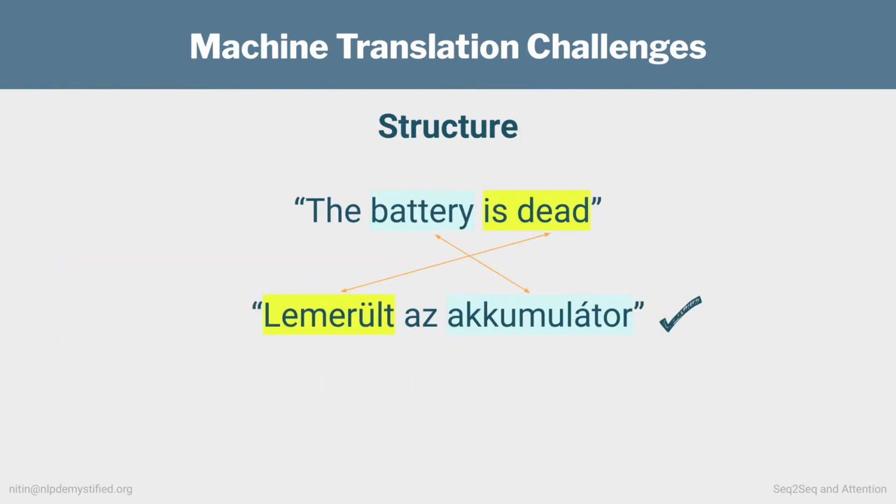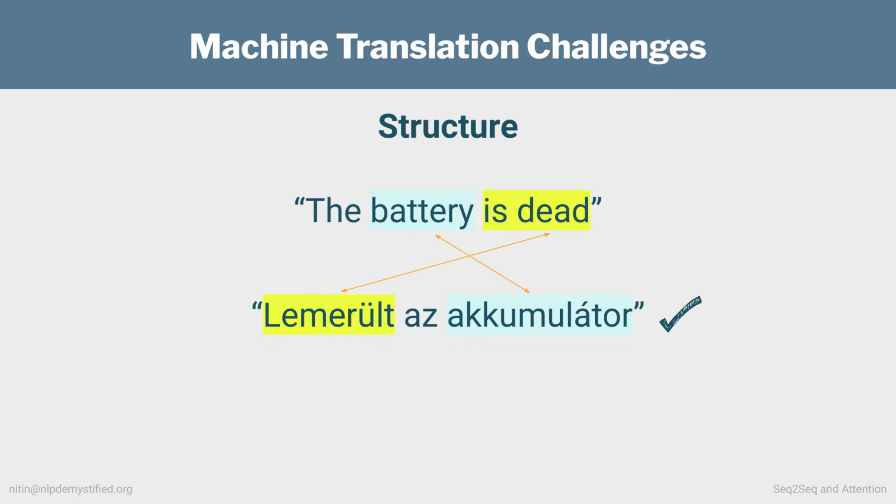Another challenge is that of structure. English is a subject-verb-object or SVO language, so a typical English sentence example is he ate the pie, whereas a language such as Japanese is a subject-object-verb or SOV language. In that case, the same sentence would be he the pie ate. To make it even more challenging, word order in Hungarian is free to change depending on what the speaker is communicating and trying to emphasize.